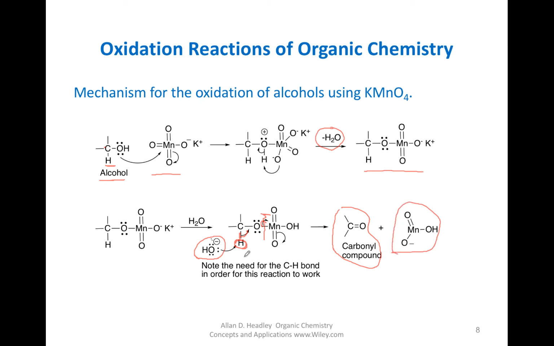So now you can see the need for this hydrogen here bonded to the carbon that has the OH group for the oxidation reaction to occur. So that is why we need a hydrogen bonded to the carbon that has the alcohol group for the oxidation reaction to occur.